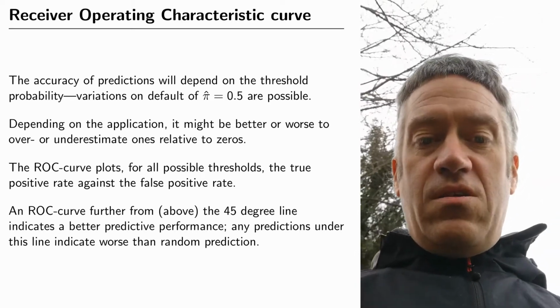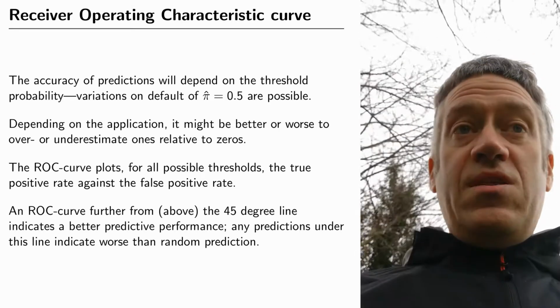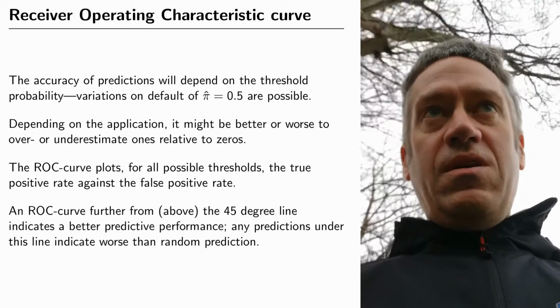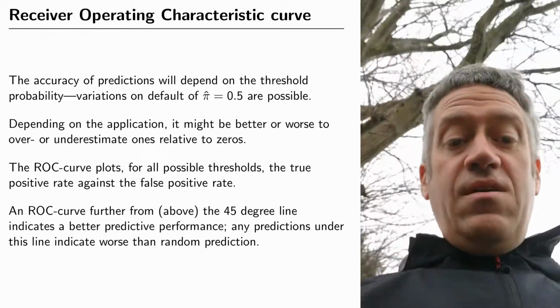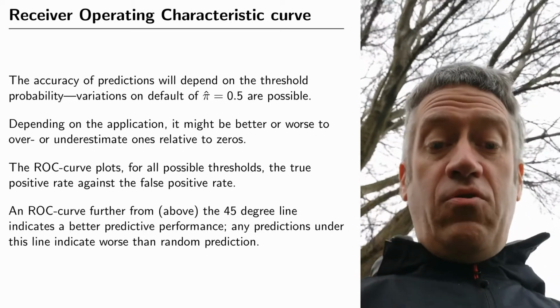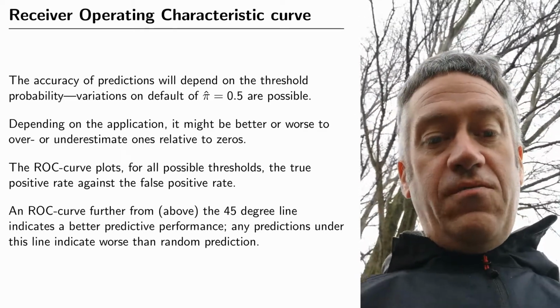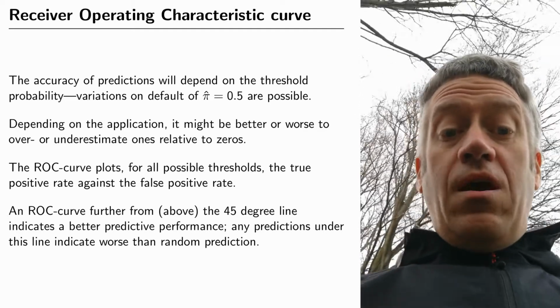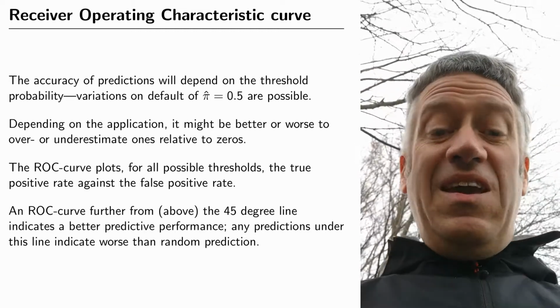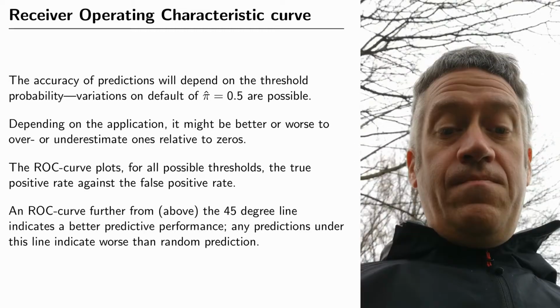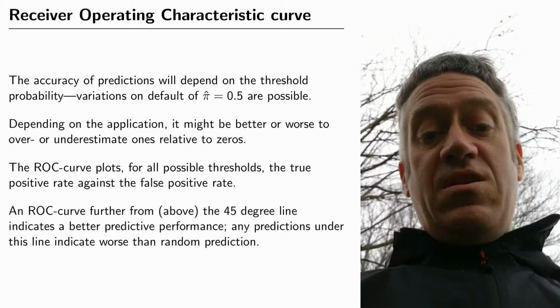That diagonal is the equivalent of flipping a coin. That's a fairly useless model. If I know nothing else and I need to predict a 1 or 0 and I just flip a coin to do so, that is not very informative. If your model gets under the diagonal, it does even worse than flipping a coin. It would be better to flip a coin than use your statistical model.